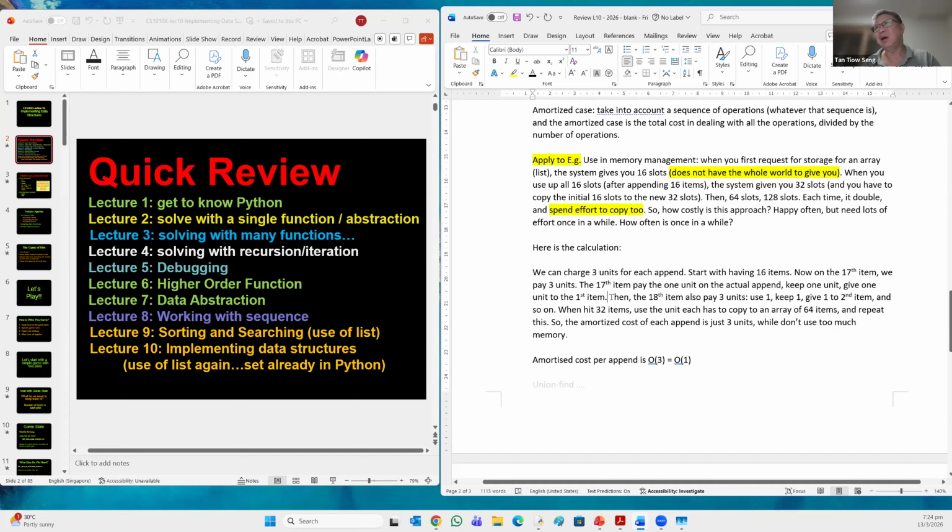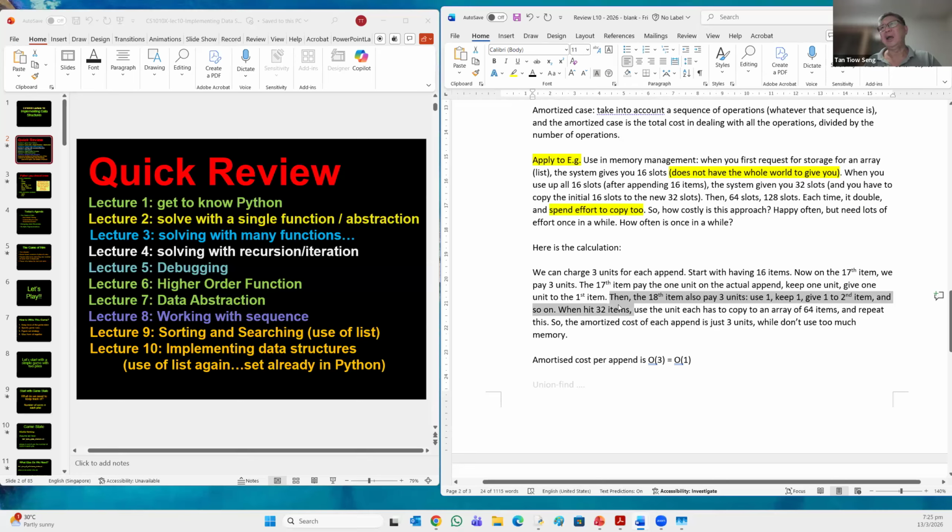Then when the 18th item comes along, he also pays 3 units. He uses up 1 for the actual append, keeps 1 as a credit for himself, and gives 1 to the second item, and so on. So when you hit the 32nd item, everyone has a unit on hand.